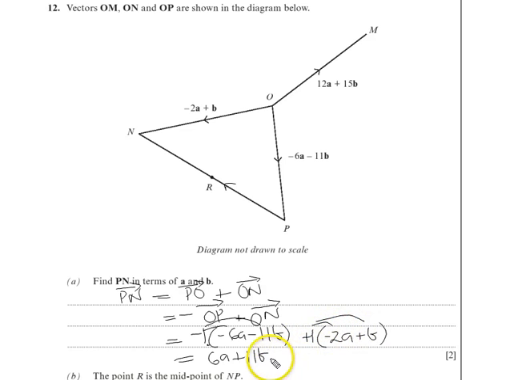So one lot of minus 2a is minus 2a, and one lot of b is plus b. Okay, so how many a's have we got? 4a, agreed, and we've got 11b plus b is 12b. So 4a plus 12b in terms of our vectors, isn't it? Okay, good, that's that done then.